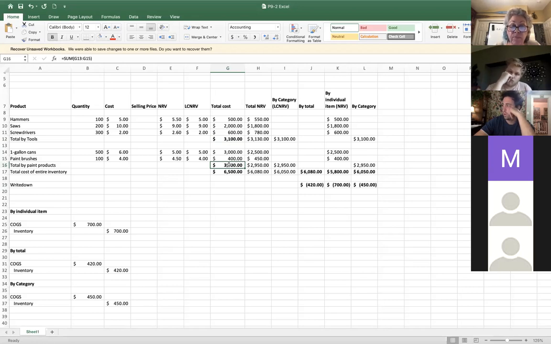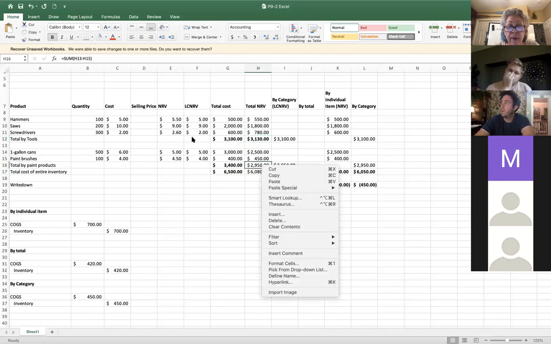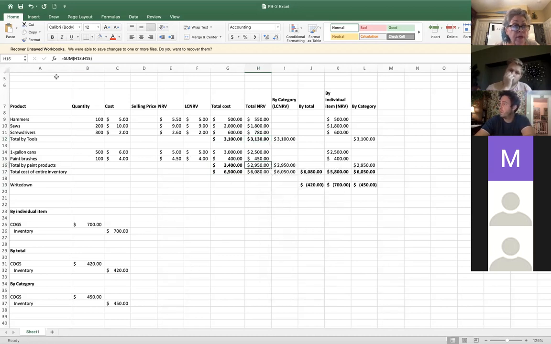And the 31 plus the 34 does equal the 6,500 that we had determined was total cost. And then I did the same thing by NRV, the NRV by category, which is 3,130 and 2,950.